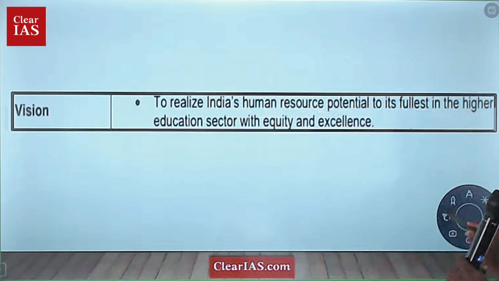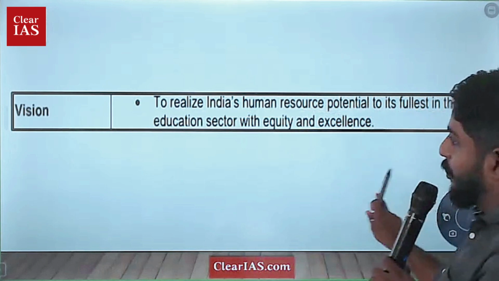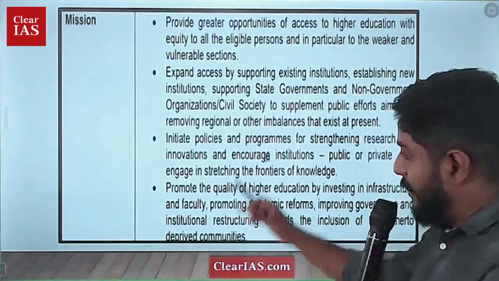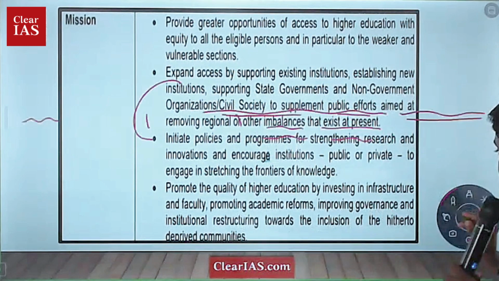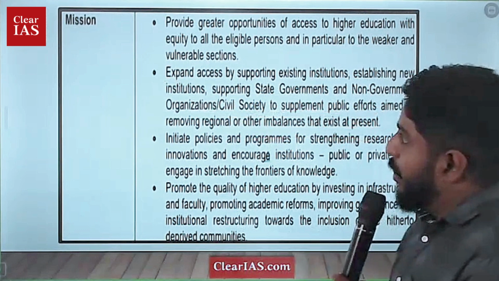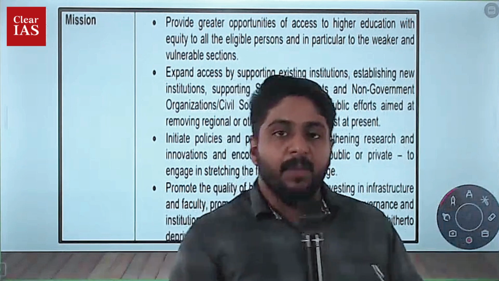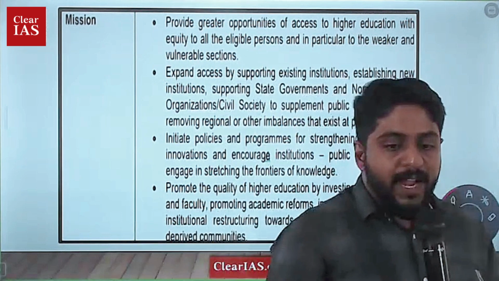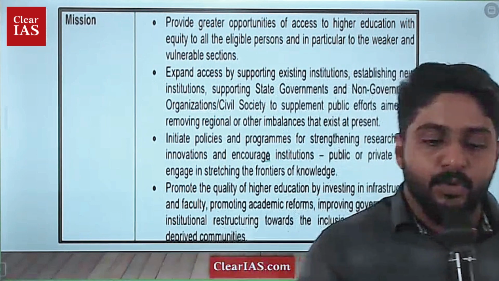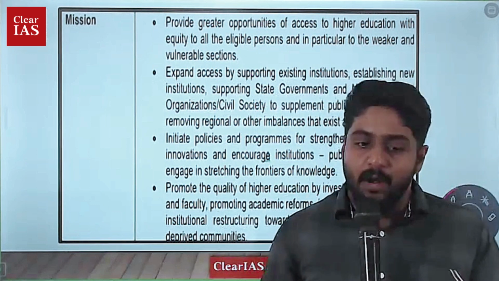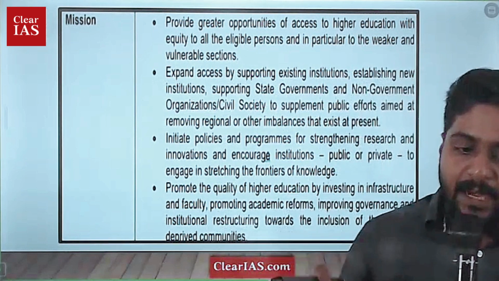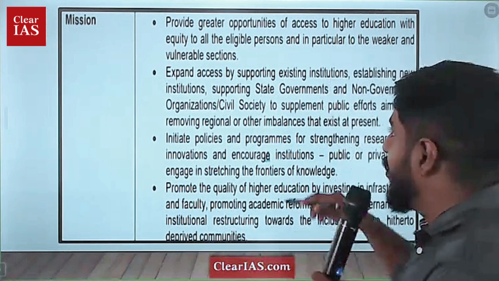I have already told you that there should be a vision for these institutions, and there are missions also. What all comes under the aim of the Department of Higher Education? Provide greater opportunities of access to higher education with equity to all the eligible persons, and in particular to the weaker and the vulnerable section.